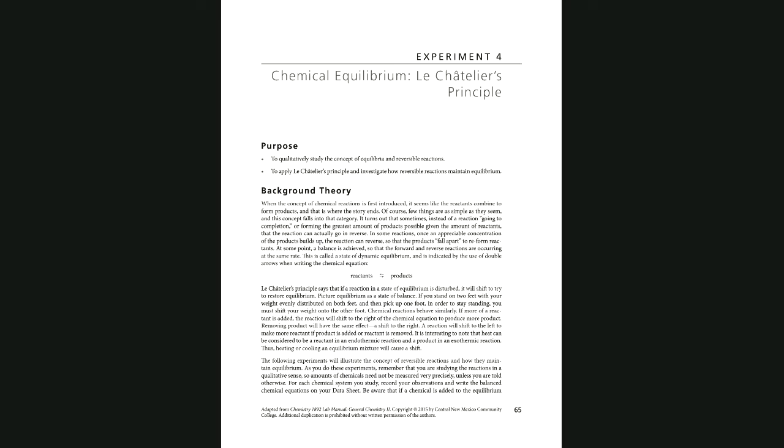When you see a double arrow, this means the reactant can change to product and the product can change back to reactant. At one point, the reaction is going to reach equilibrium. The rate of the forward reaction equals the rate of the reverse reaction. It doesn't mean that the reaction is going to stop, but the reaction is going back and forth with the same rate.